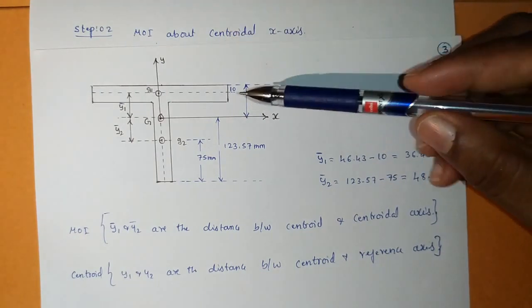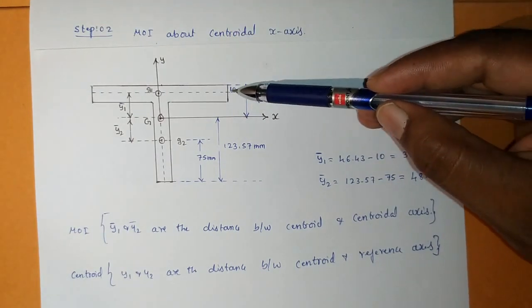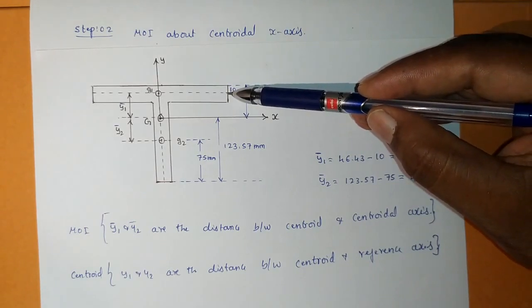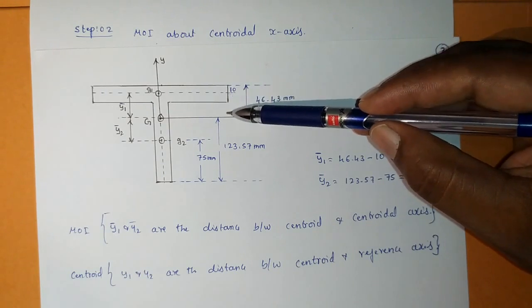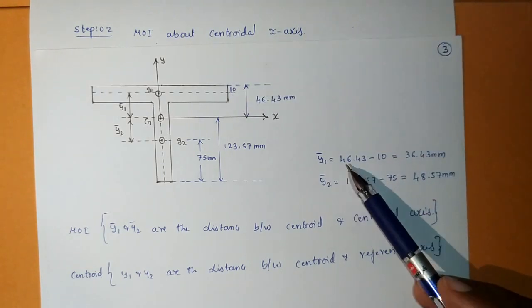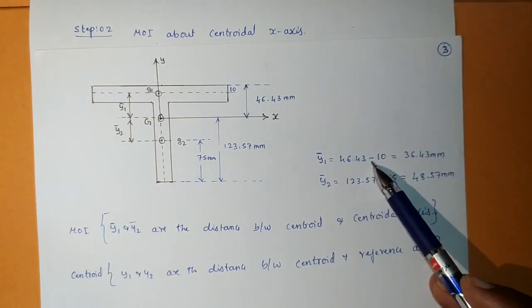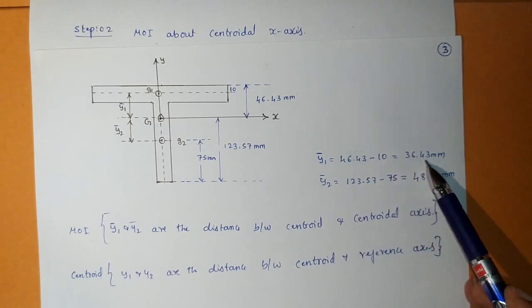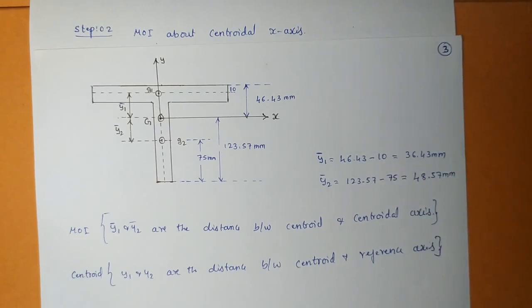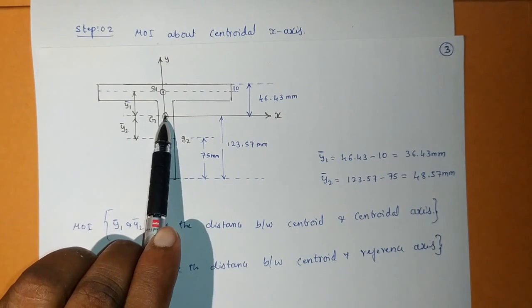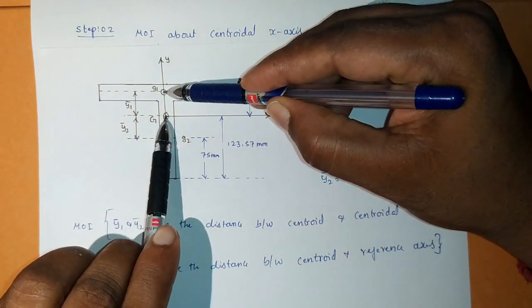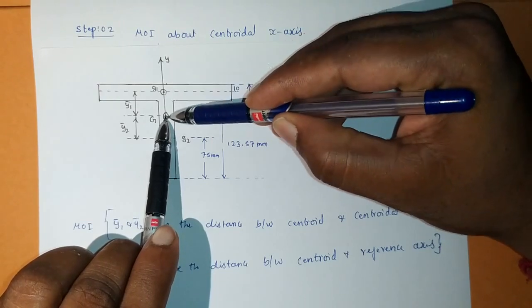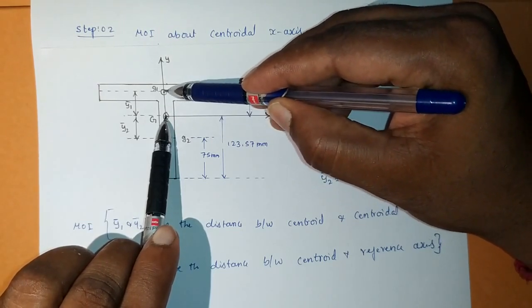Subtracting 10 millimeter from 46.43, we get the remaining distance. y1 bar equals 46.43 minus 10 millimeter, which gives 36.43 millimeter. This distance between the centroid of section number 1 and the centroidal axis is called y1 bar.